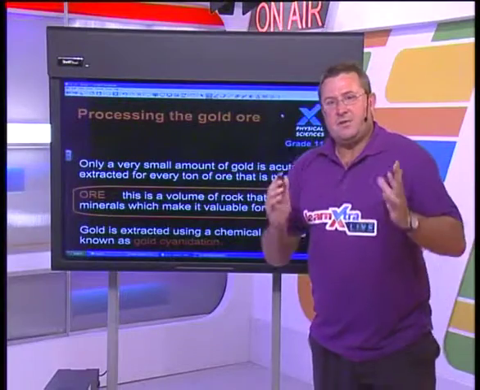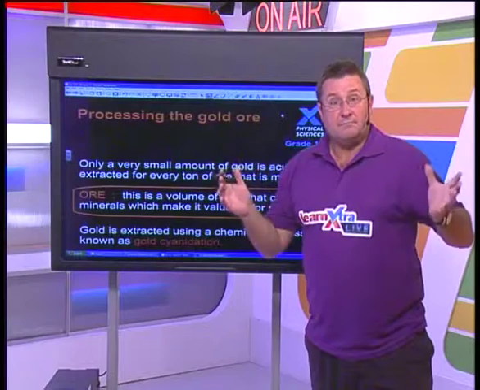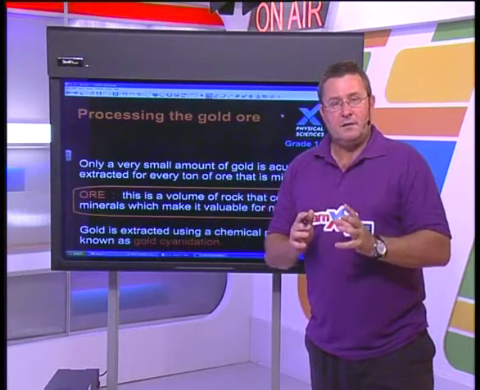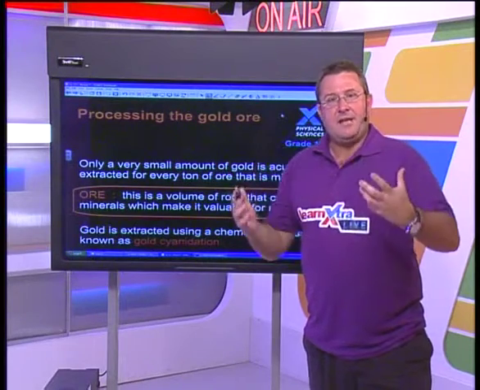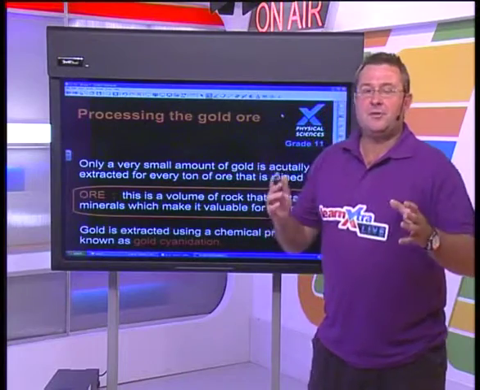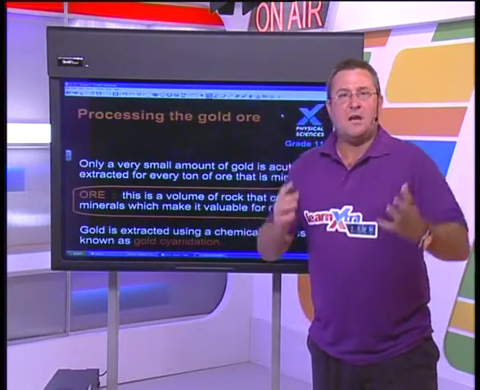Now this is from Abu, and Abu wants to know, why is gold so expensive, more expensive than, say, iron? It's got to do with rarity at the end of the day. Iron is pretty common, one of the most abundant metals. A very useful metal, and that's what the Iron Age was about: a couple of thousand years ago, Iron Age man was able to use iron to create weapons, cast iron pots and things like that.